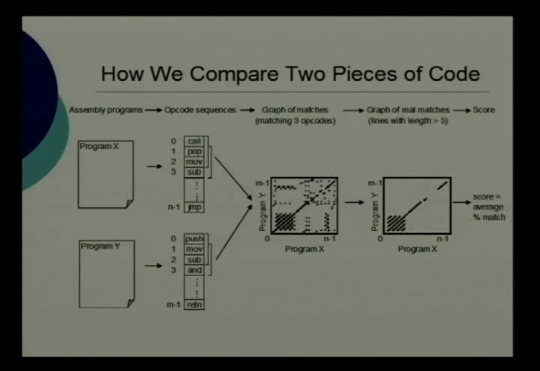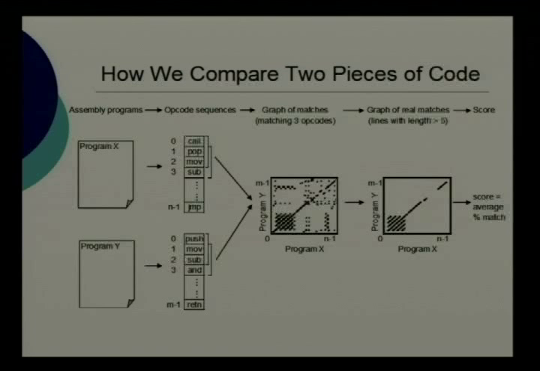Then for comparison, we compare 3 subsequences at a time, and we do an all-against-all comparison. For program X and program Y, if the 3 opcodes are the same in any order, we consider it a match. If there's a match, we plot the XY coordinate: X is the opcode number of program X, and Y is the opcode number of program Y, to generate a graph of matches, meaning 3 opcodes matching in any order.